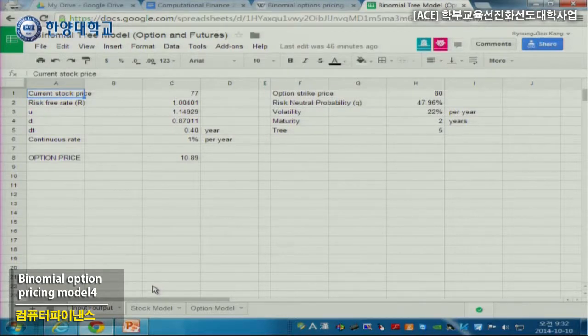So let me ask you a question. Suppose risk-free rate is 2%, and the dividend rate of an asset is 1% per year.